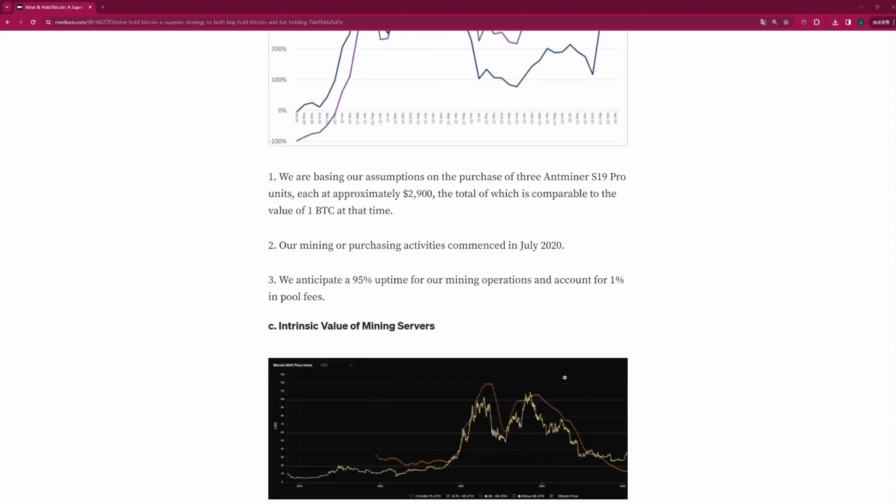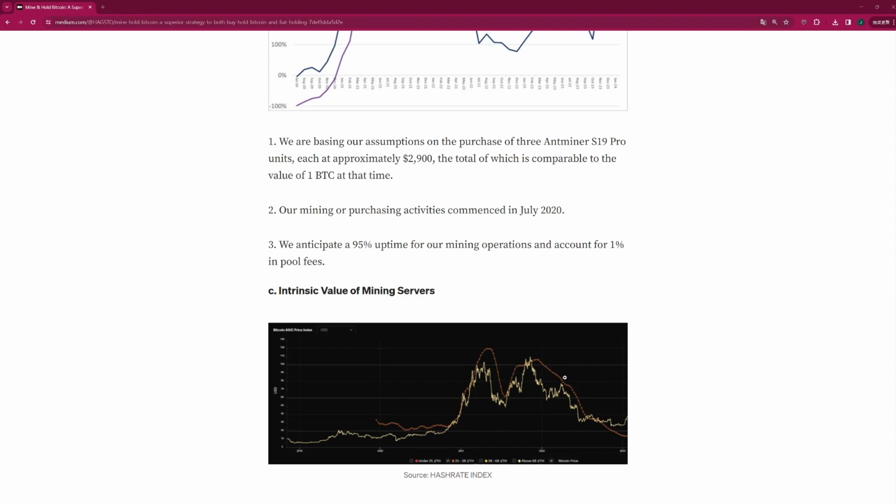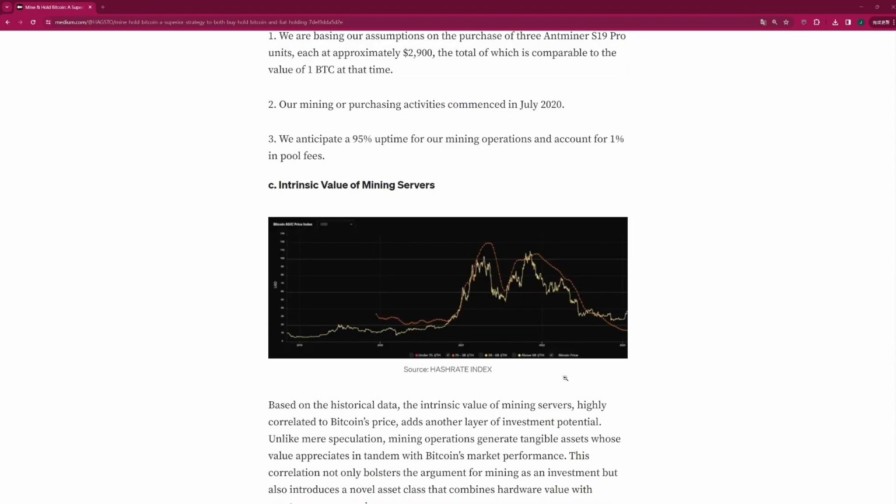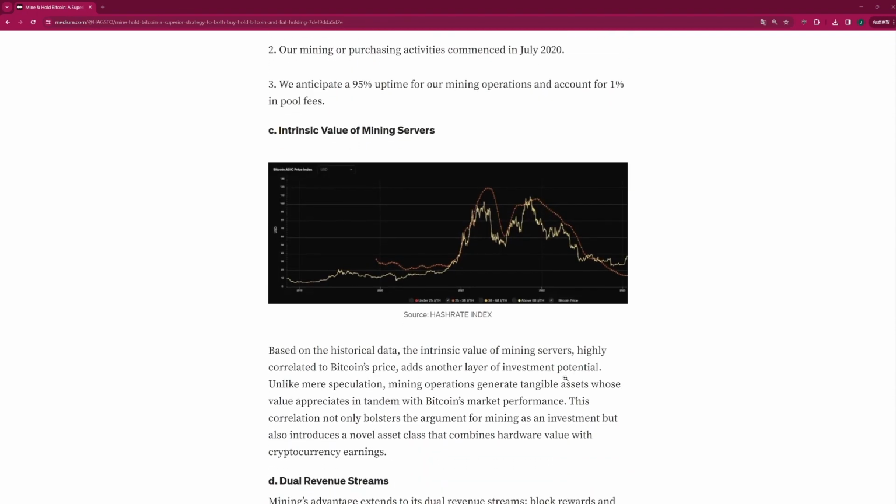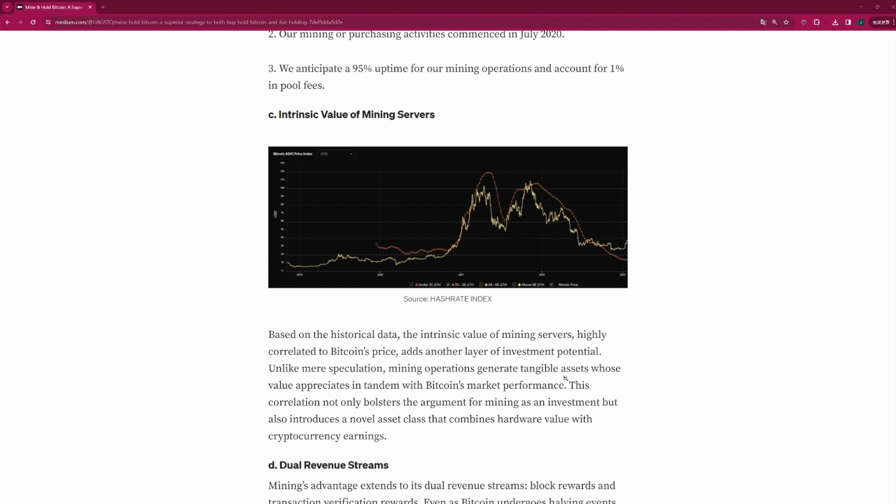The third point that we think mine and hold could get some advantages is that the mining servers themselves have intrinsic value. If you check the chart on the hash rate index, you could see the price of the mining server is highly correlated to the price of Bitcoin. The dotted line here is the price of the mining servers, and the yellow line here is the price of Bitcoin.